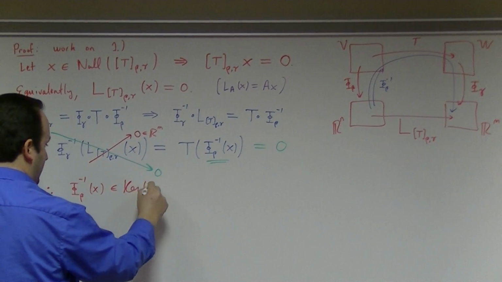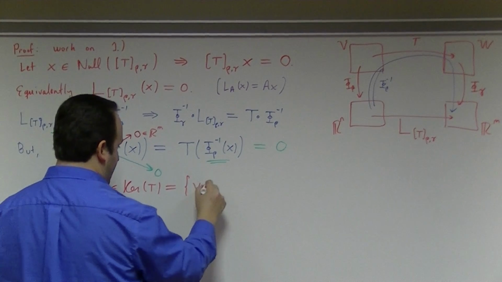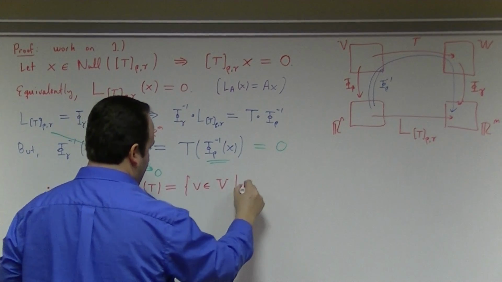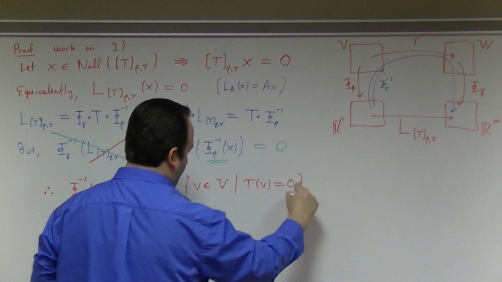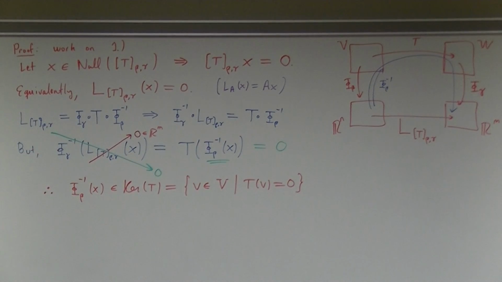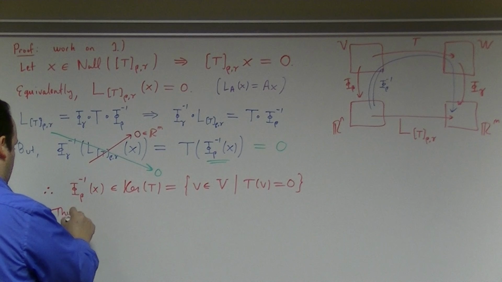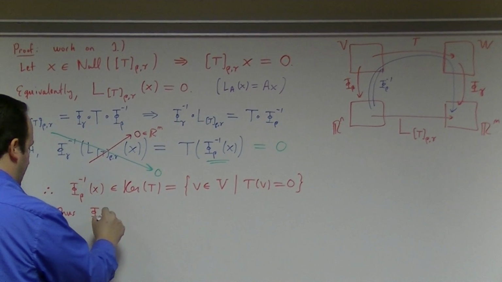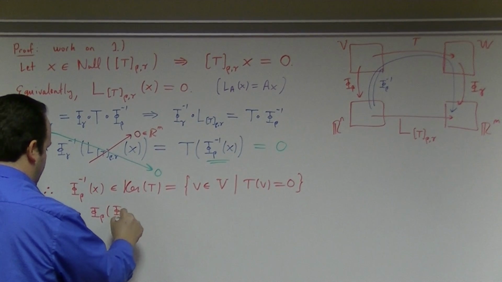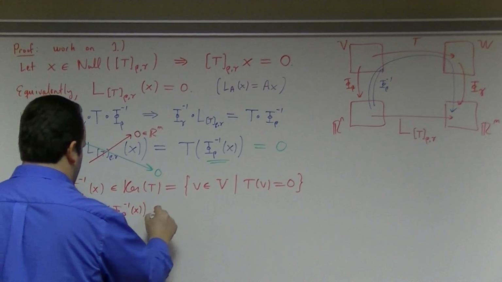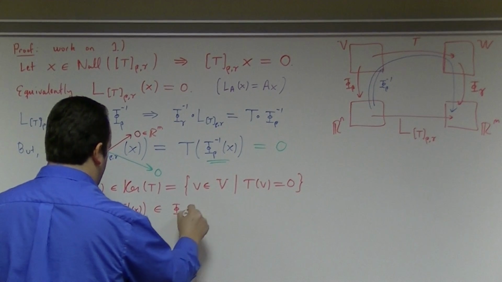The kernel of T, by definition, folks, is the set of b in B such that T of b is equal to 0. Just in case you forgot the definition. All right, so we've got that phi beta inverse of x is in the kernel. So what does that say about the image? Thus phi beta of phi beta inverse of x is an element of phi beta of the kernel, right?